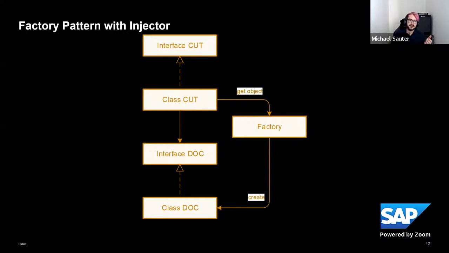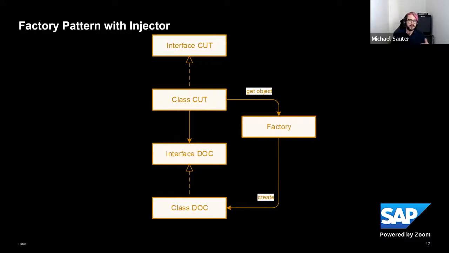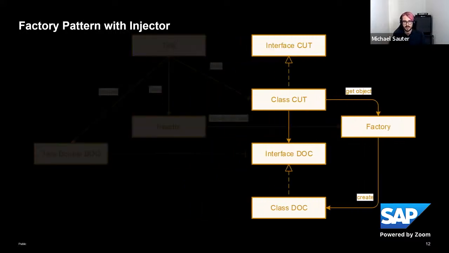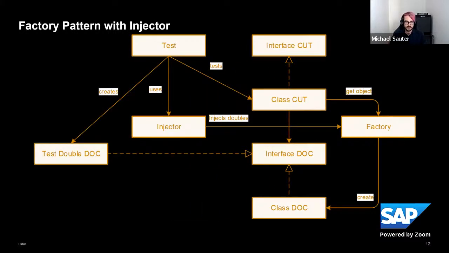Now, in the test case, we want to inject a test double, and we can do that with an injector. So the things that just joined in that picture are the test double and the injector. And how these things play together is as follows. The test creates an instance of the test double of the depended-on component.